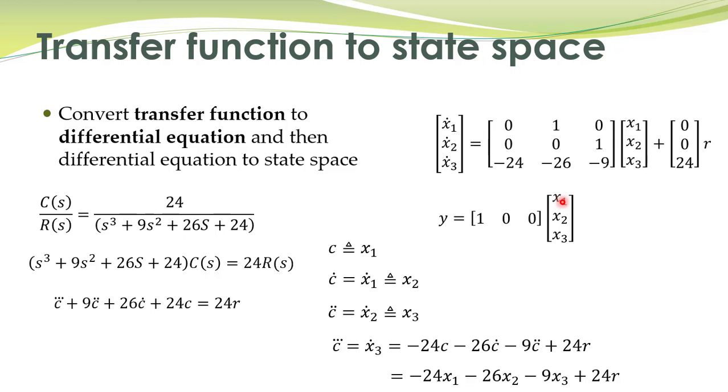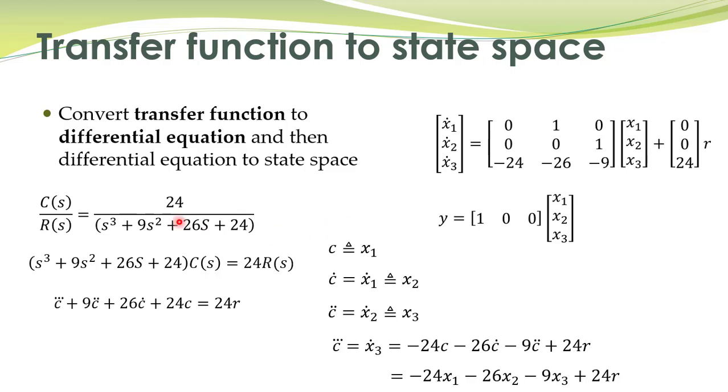Here we make one observation. This system matrix has some special structure. That is, here is 1 and here is 1, all other entries are 0, and in the last row of this matrix, what are these things?